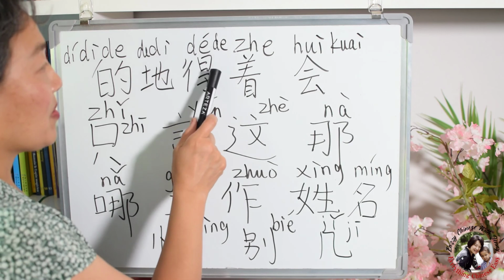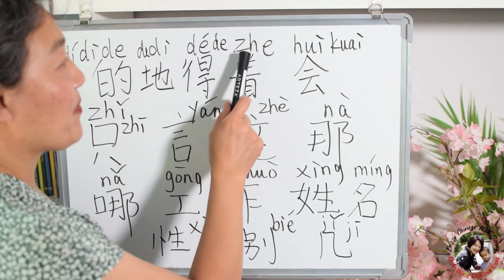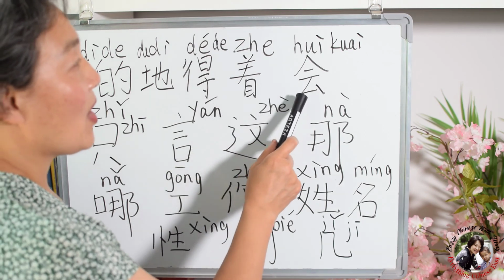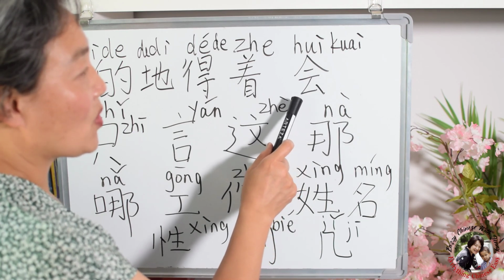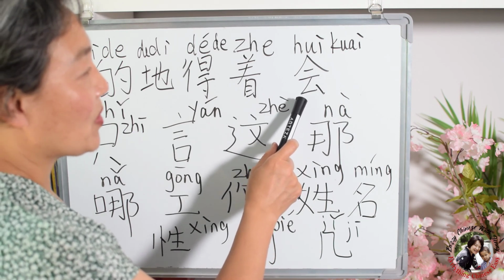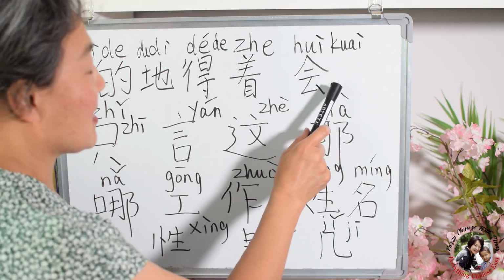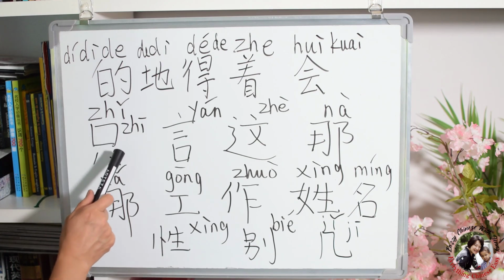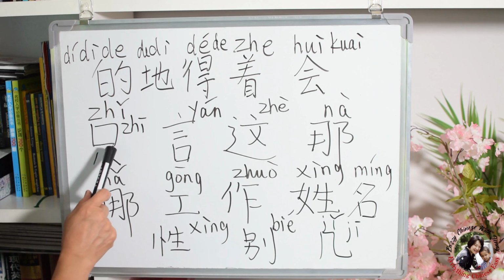Dé means receive. Zhe, another light tone, means ongoing situation. Huì means you can do something, you will do something, or meeting. Kuài means accountant, 会计. Zhī means one, or zhǐ means only.